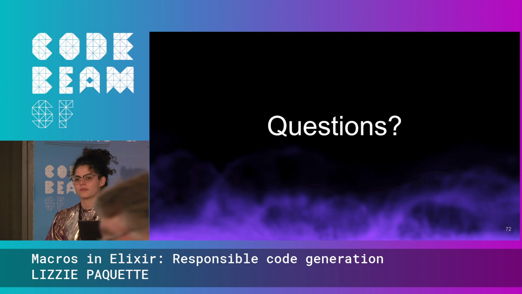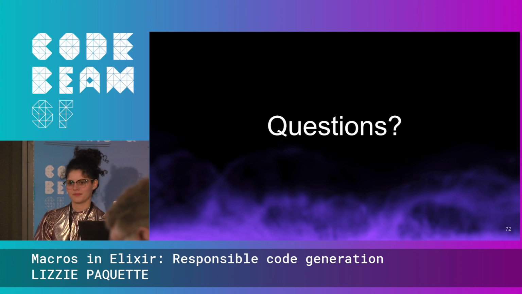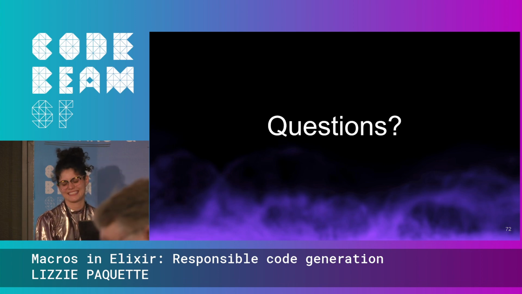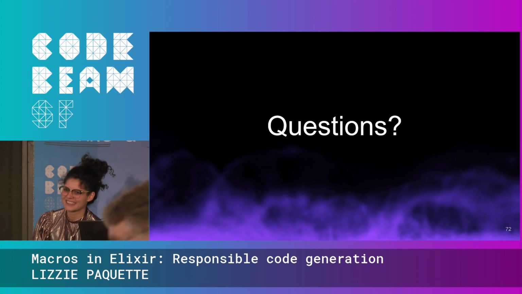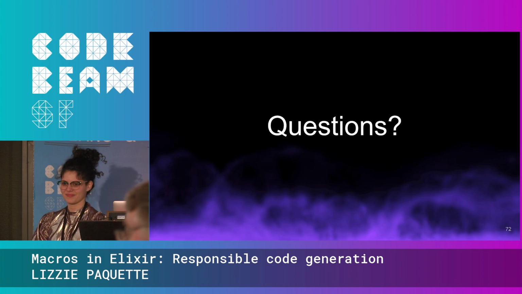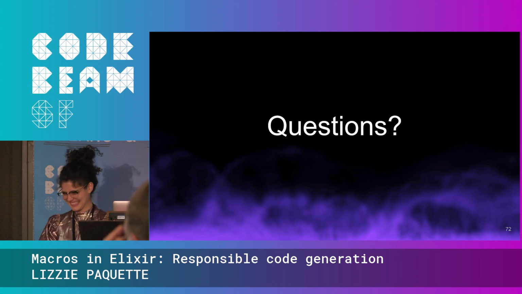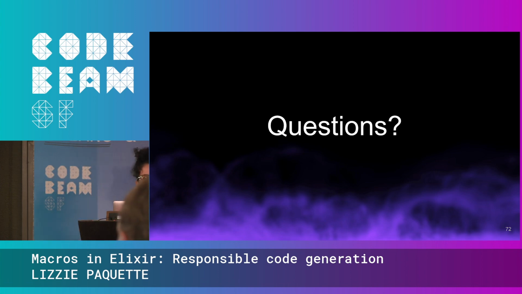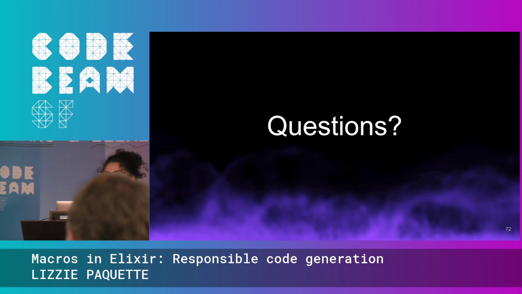Your Ecto schema wrapper is awesome, and I wish I had it because I would have saved a lot of code. Do you have any plans of open sourcing that at any point, bringing it up to the community? Seems like you've talked about it. Yeah, we've definitely talked about it.